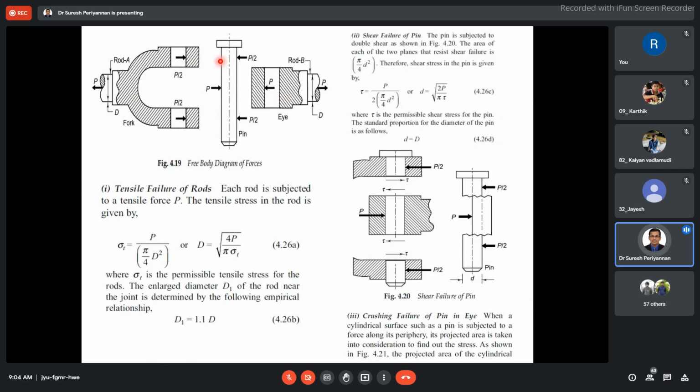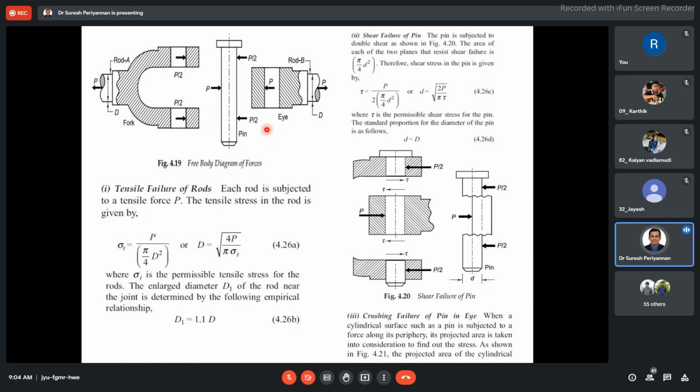Even when we assemble all together, the mechanical equilibrium condition should be followed. Hence, the summation of forces is going to be 0, or the actions and reactions should be the same. First we have to understand this mechanical equilibrium concept through the free body diagram, then go for the design of the component.